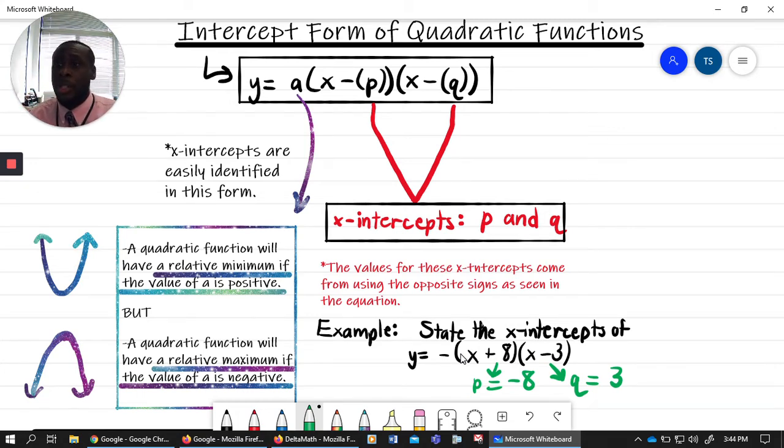It's understood that that's a negative 1 right there on the outside, even though I'm about to erase it. Because the A value is negative, there's going to be a relative maximum. You should remember from our previous lessons what a relative maximum is and how that looks. So the vertex will be a relative maximum for this particular equation.